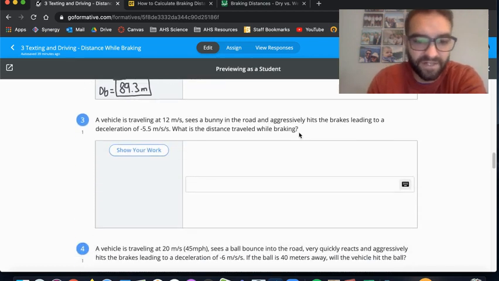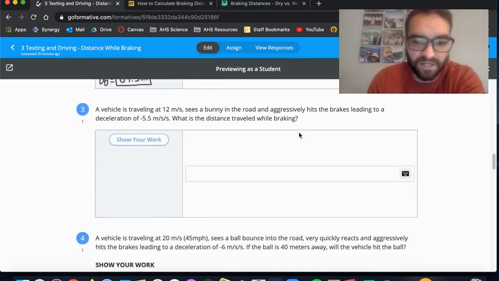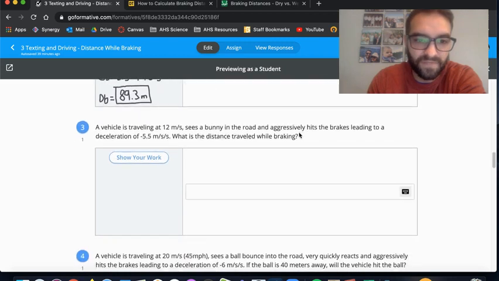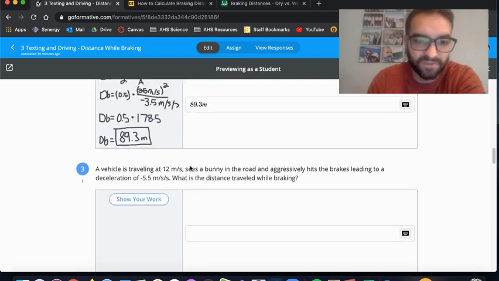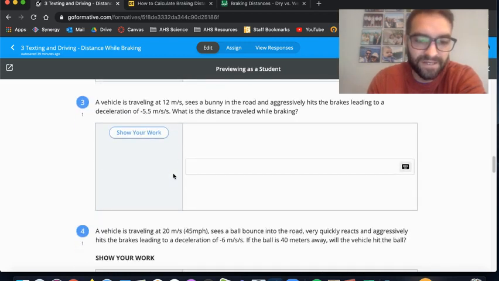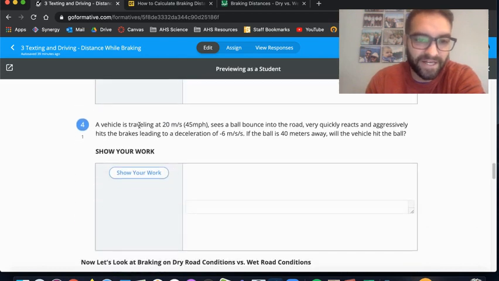Then you have a couple more problems. You have another one similar to what we just did up here. Then you have a vehicle traveling 20 meters per second that sees a ball bounce in the road and very quickly reacts aggressively, hits the brakes, leading to a deceleration of -6, so a little bit more extreme.